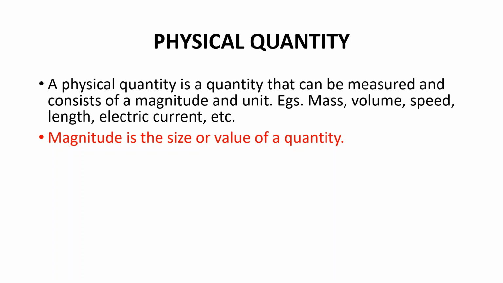So you are saying that any quantity that can be measured is supposed to have a magnitude and units. These are the two characteristics of a physical quantity: having magnitude and units. Magnitude with direction or without direction, and also units.